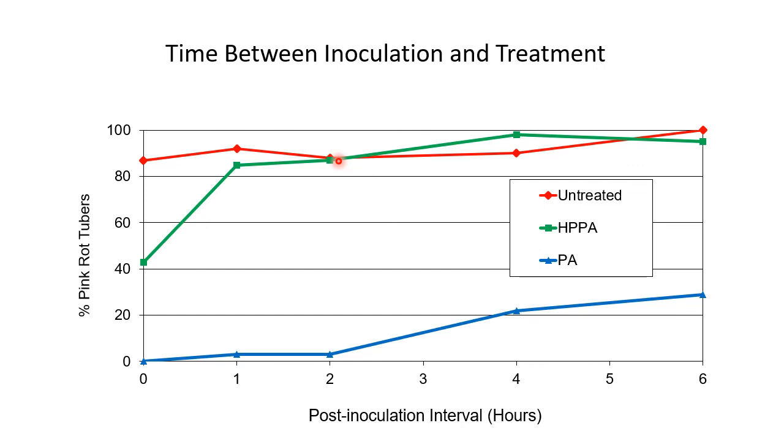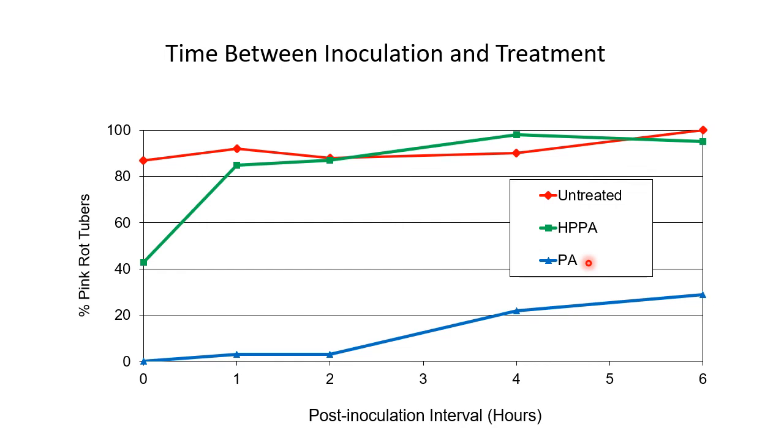Now, this becomes important because the post-harvest treatment is a pain. It's difficult to do, and we've often been asked, well, it'd be better if I could just load the potatoes into the storage and get them in there, get the door shut, then run something through the ventilation system. Now, unfortunately, that kind of approach does not work well for the phosphites. It's a very heavy product, and in efforts that have been made to make an aerosol out of it, it tends to condense when it hits corners.